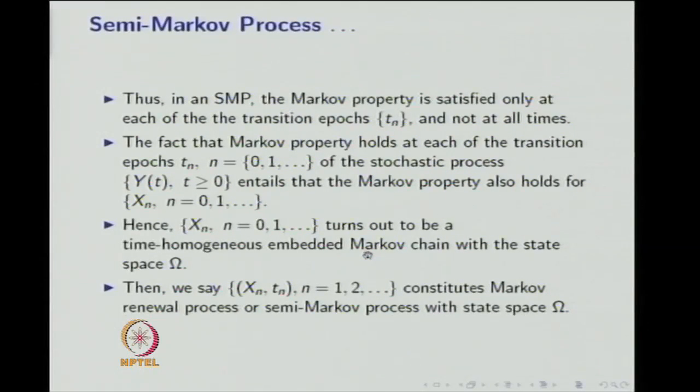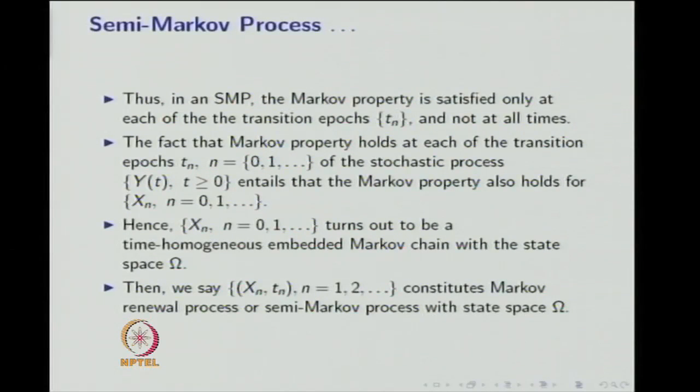Y of t is a stochastic process and X of n is nothing but Y of Tn, where Tn is the transition time instance, and the Markov property is satisfied only at all the transition time instances. Therefore, Xn forms a discrete time Markov chain.